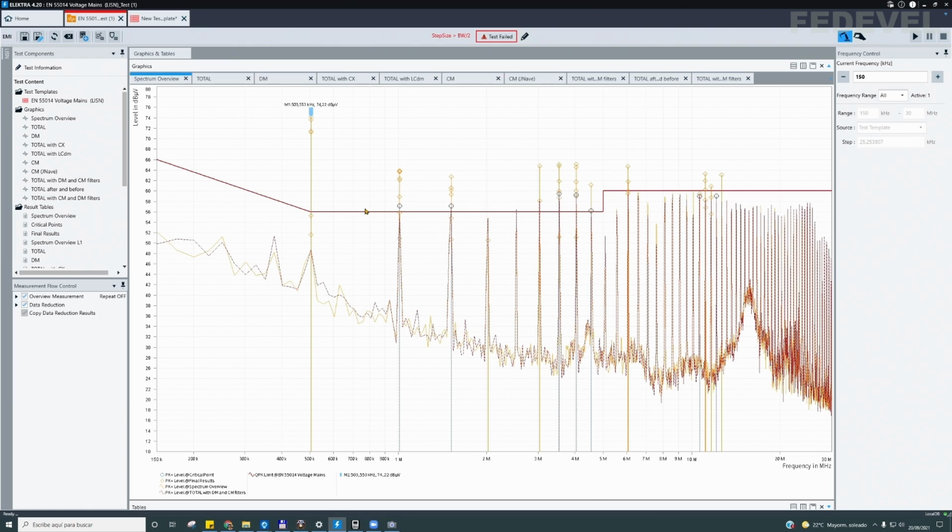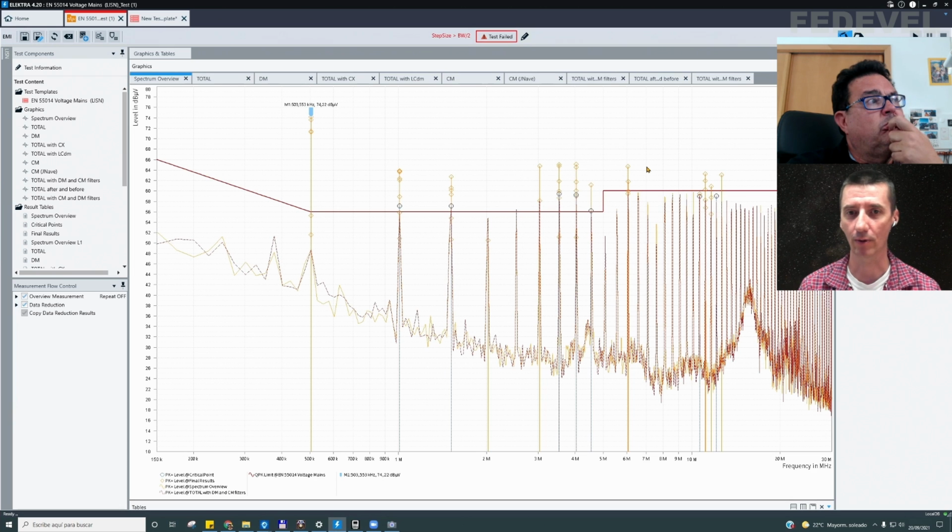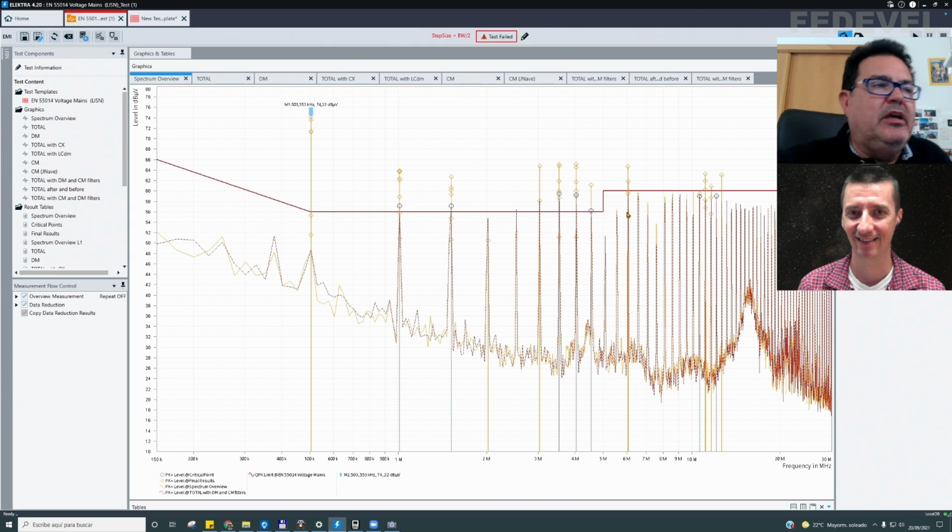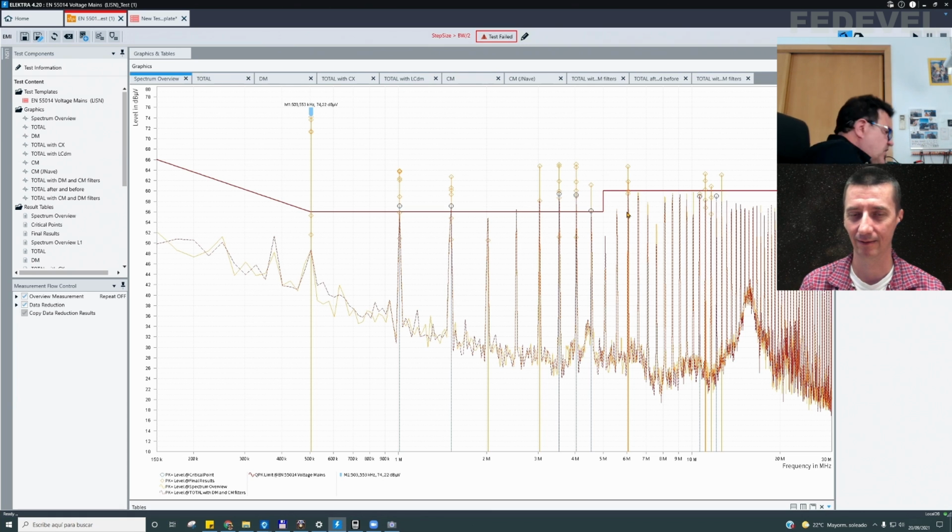Are there some kind of standard noise generators which you can use as a reference, so you are sure that what you are measuring is really what is generated? Yes. For many EMC applications, you will find systems that are typically called comb generators.